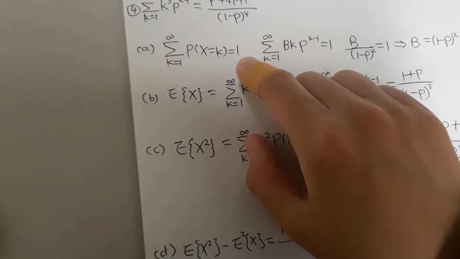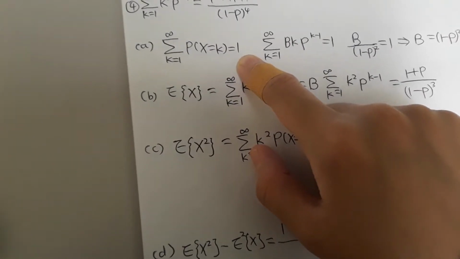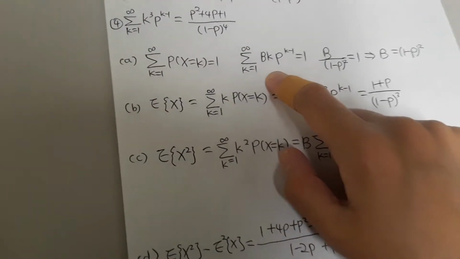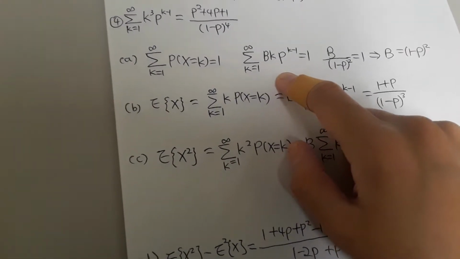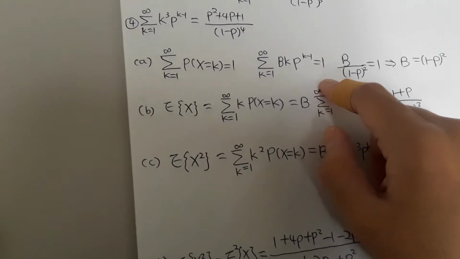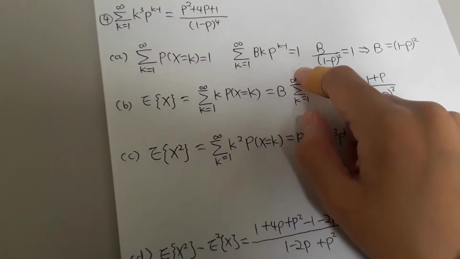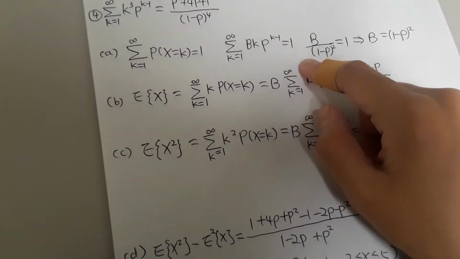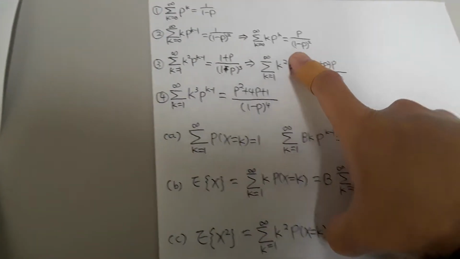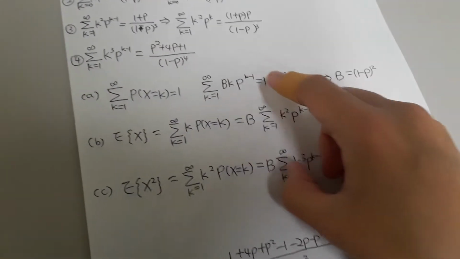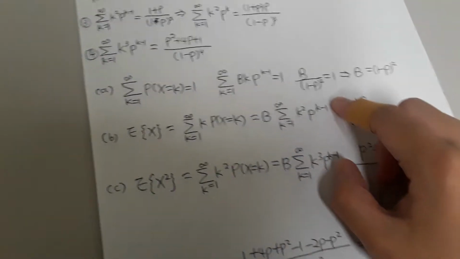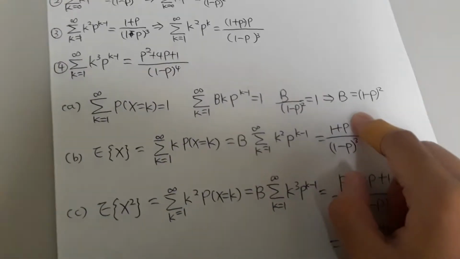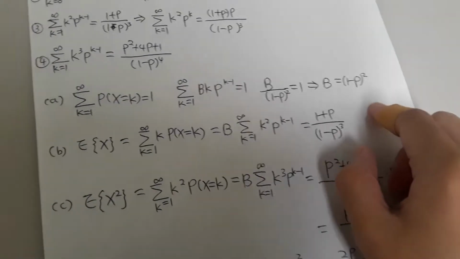So we just use the first formula, then I can get the sum of b times k times p to the power of k minus 1 equals 1. Then I plug the second formula into this equation. I can get b equals (1 minus p) to the power of 2.